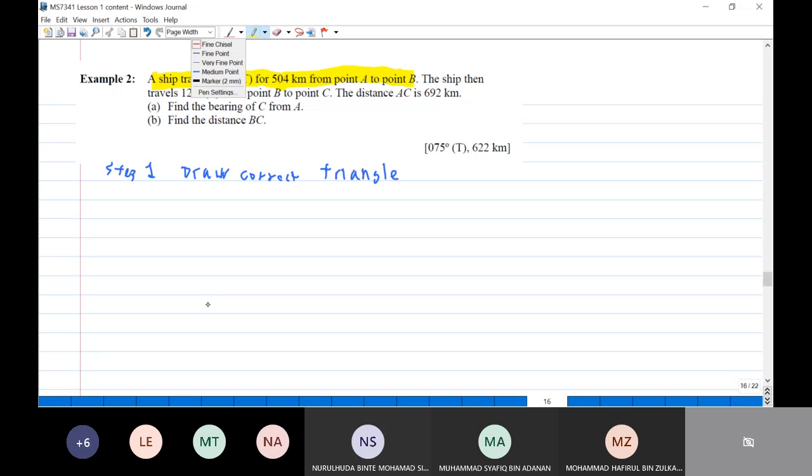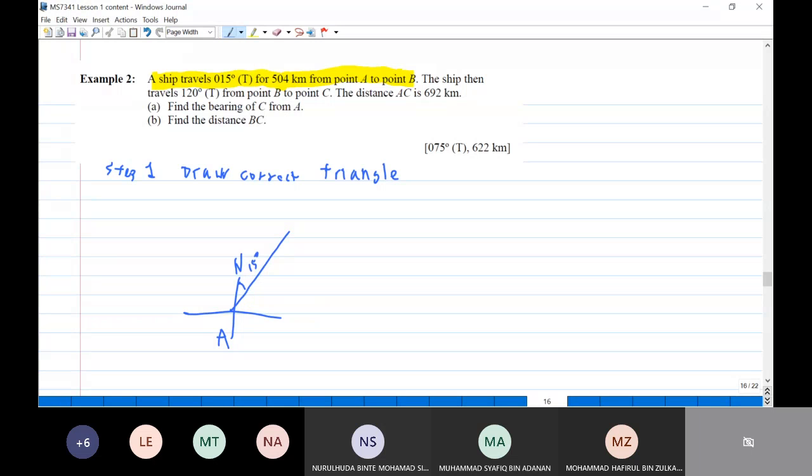So I have here, this is A on the north, 15 degrees. 15 degrees is quite small, right? So don't need a big angle.